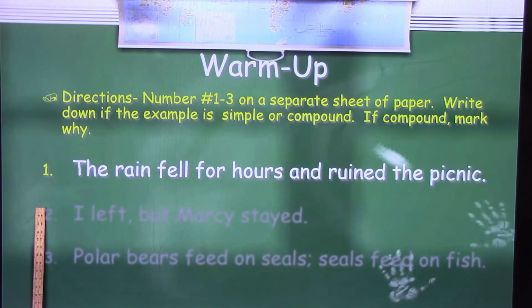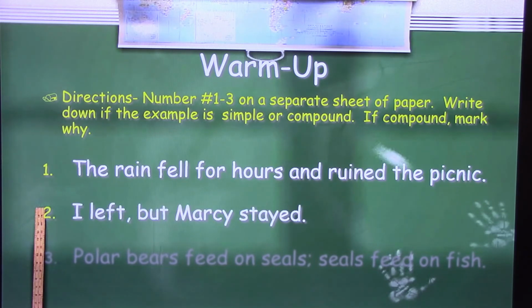If you find that it's a compound sentence, you have to give me the reason. Yes, I left, but Mercy stayed. Is it a simple or a compound sentence? Remember what I told you?